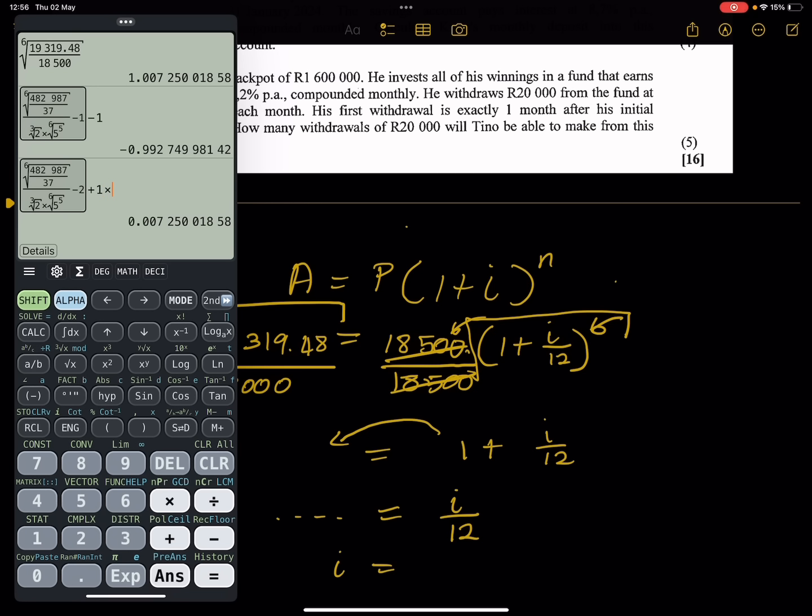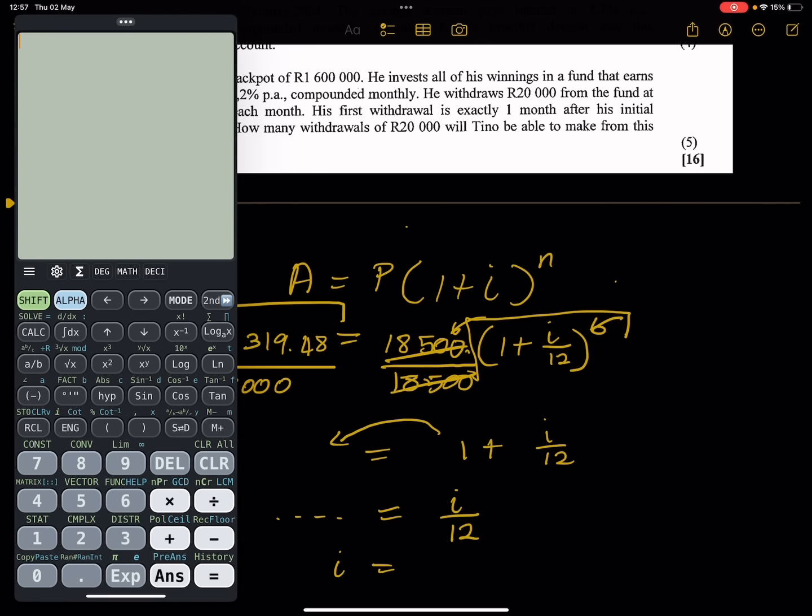Let's say times 12. Okay, so I got a value of 11.007. So that's 11% essentially. Please just verify that for me. I got 1.0072, and we said minus 1. In fact, I think I might have done something incorrectly there.